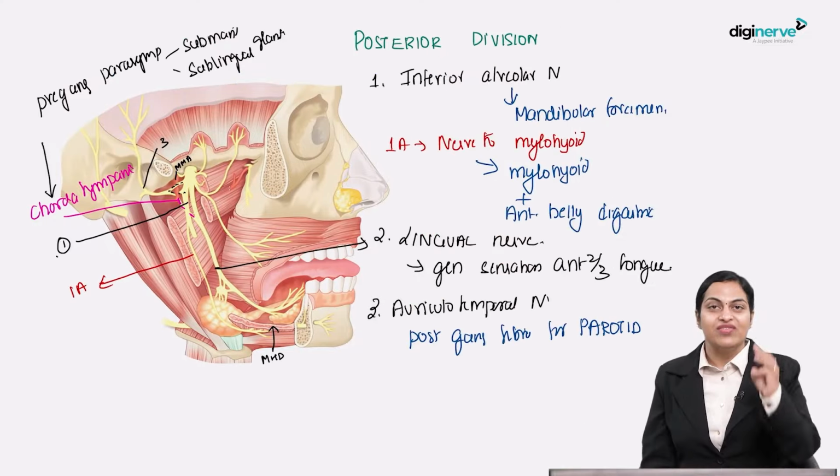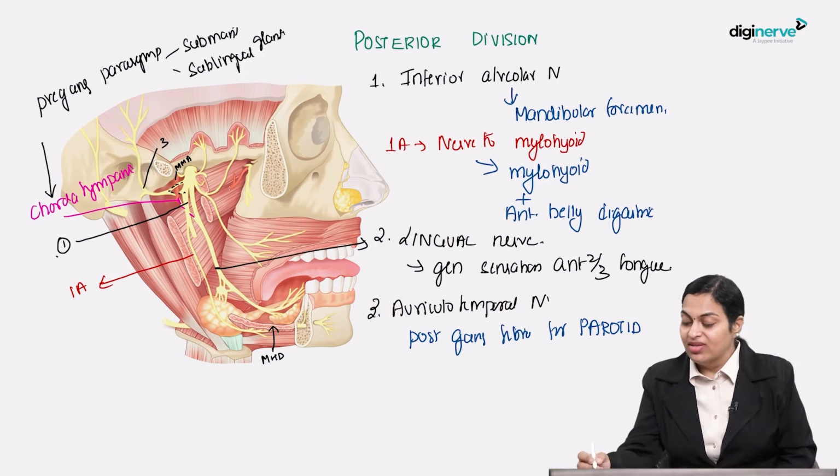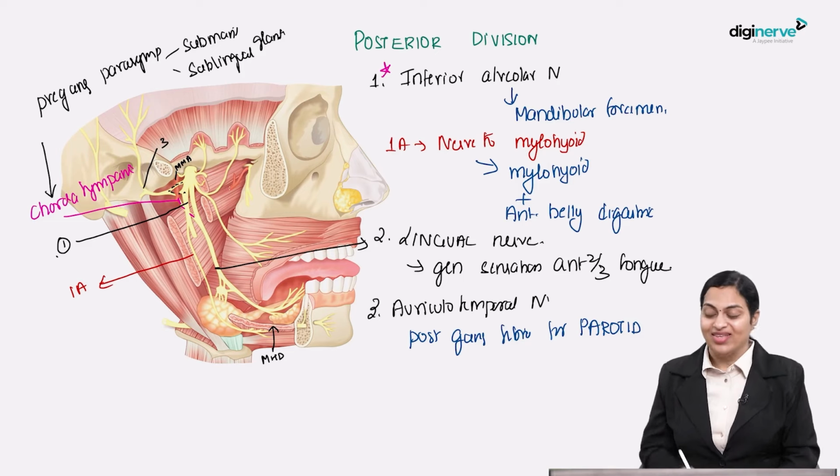And from the posterior division, 3 nerves, the lingual nerve, inferior alveolar nerve and the auriculotemporal nerve. Of these 3, which one is motor? The inferior alveolar nerve, right?